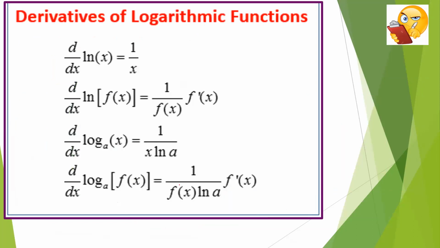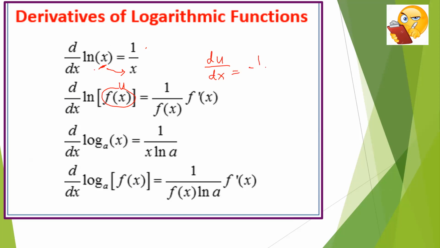Ito naman yung ln of x, nagiging fraction lang siya. So, whatever is yung nandito sa kasama ni ln, parang punta lang siya sa baba. Tapos, kapag yun ay function of x, say u, this is u, ln of u. You have the derivative of your u, where u is a function of x with respect to x.